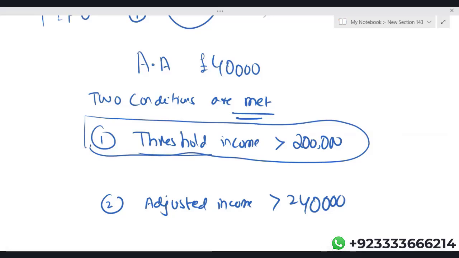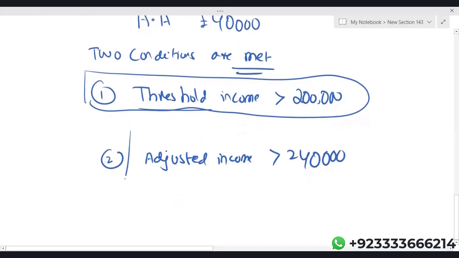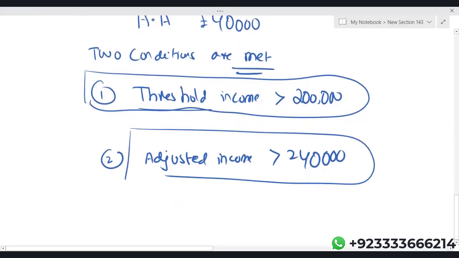Threshold income is like your ANI, adjusted net income, but the threshold income rule is not examinable in the topic of pension in taxation. So, dear students, you will just focus on adjusted income. If adjusted income exceeds 240,000, then your annual allowance limit will be reduced.